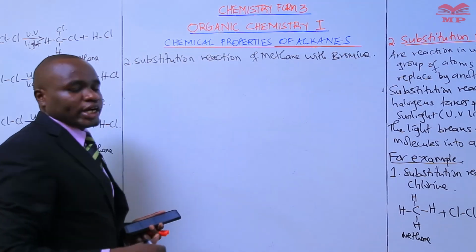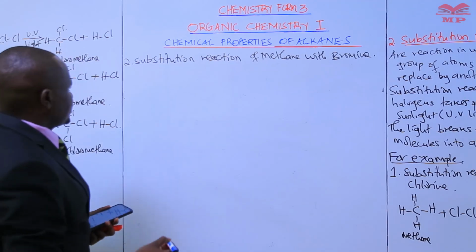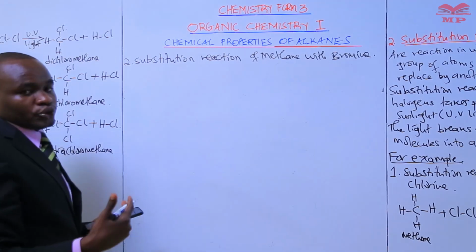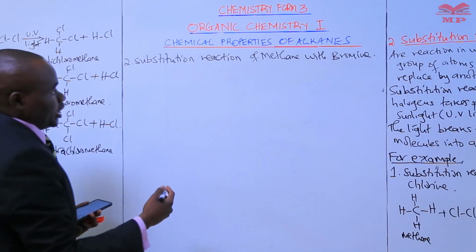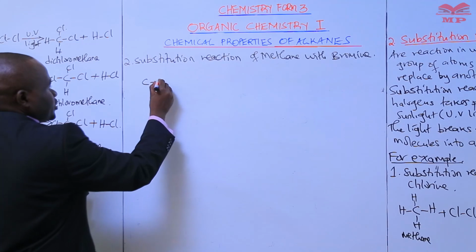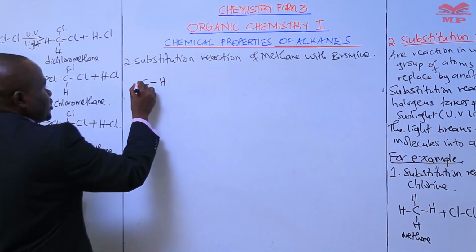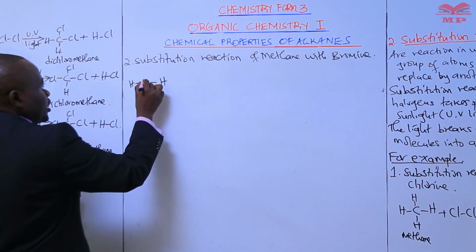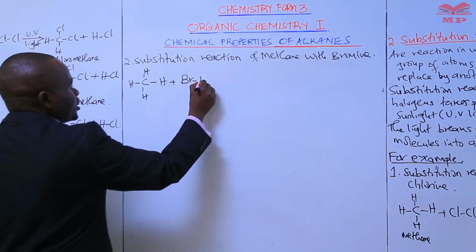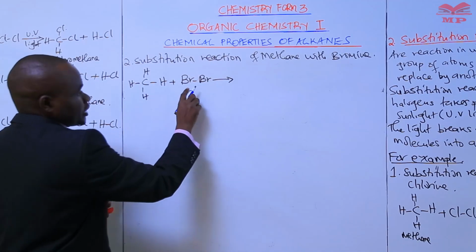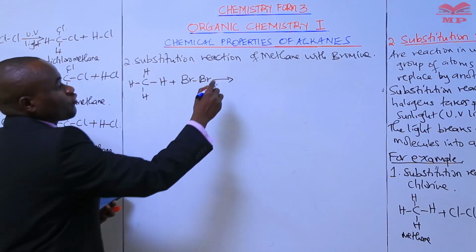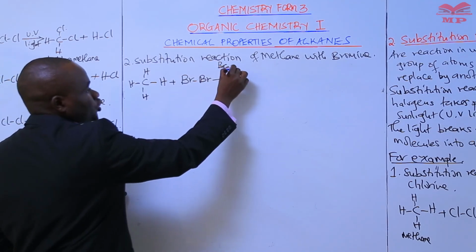The reaction also occurs in 4 steps. So the first step is, remember I've said the best way is you draw the open structure. It's easier to visualize the substitution of the atoms when we have drawn the open structure. So this is methane combining with bromine. Remember, these are 2 atoms of bromine which are derived from bromine gas, which is Br2.